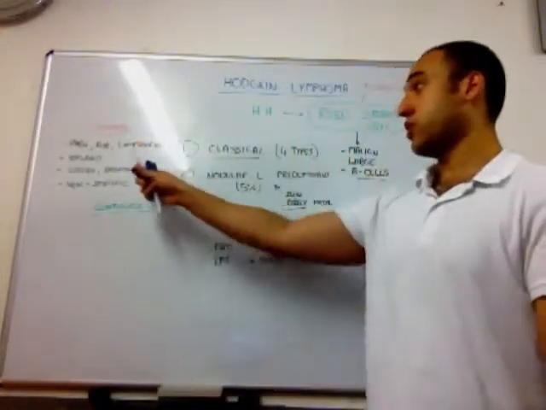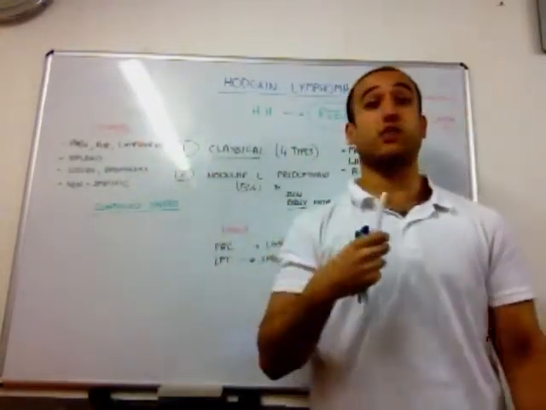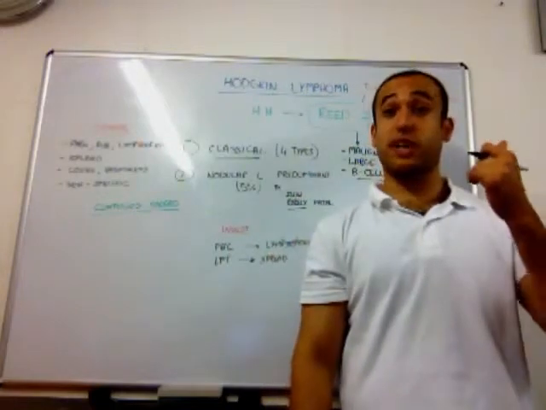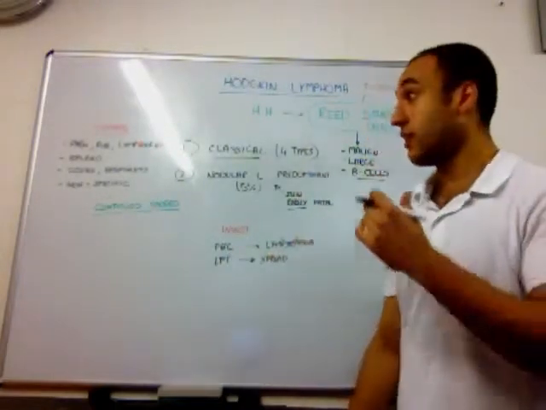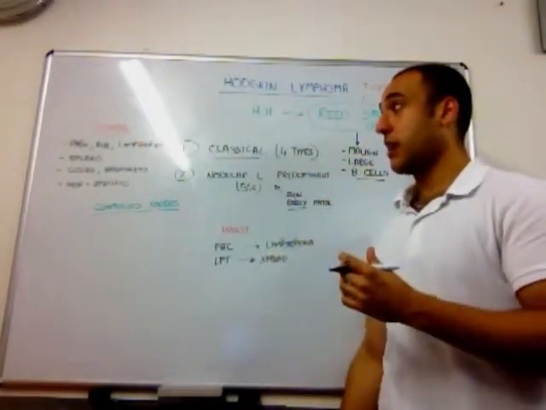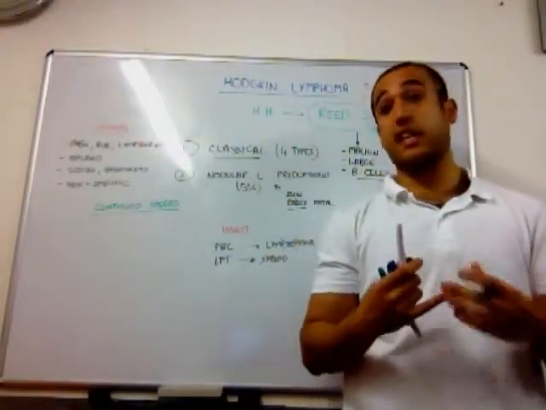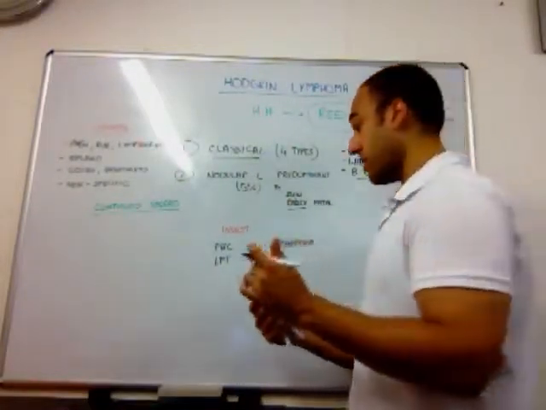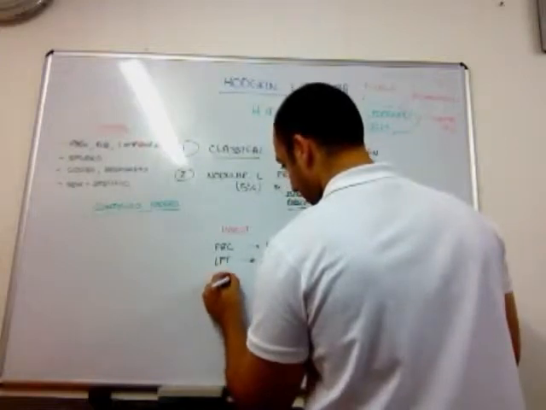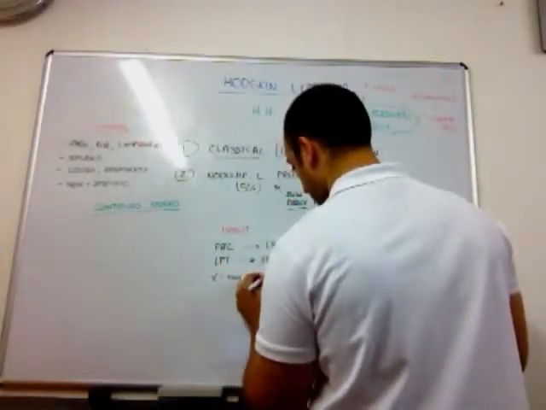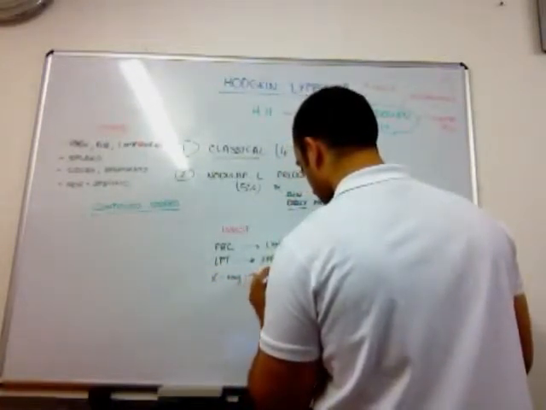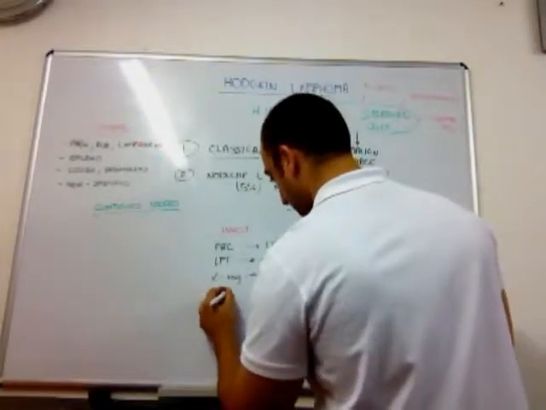Other tests, of course, we talked about the large mediastinal mass causing cough and breathlessness, so it's important to have a chest x-ray to see if there's any mediastinal mass. A CT scan to stage the disease, to see how far it's spread. So x-ray for the mediastinal mass and CT scan to stage.